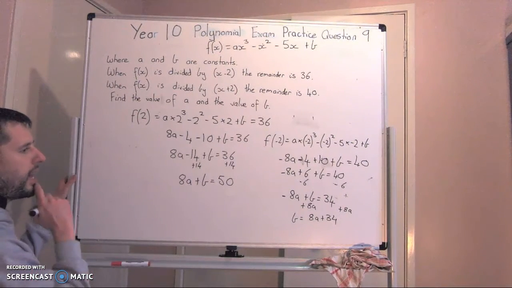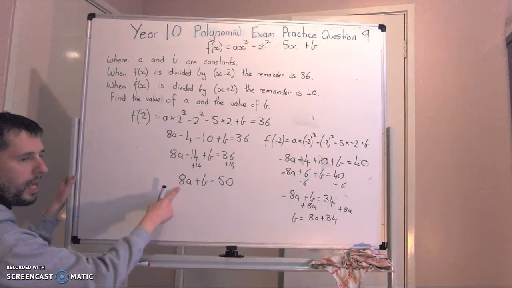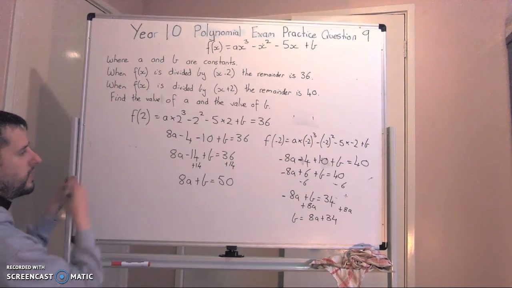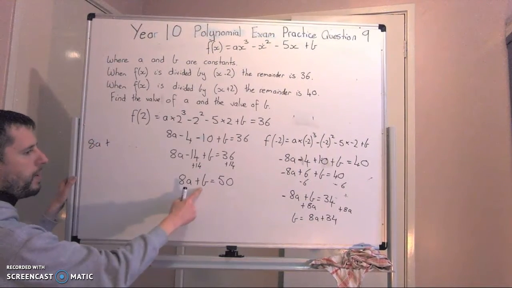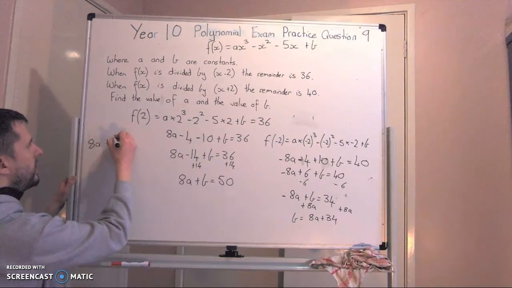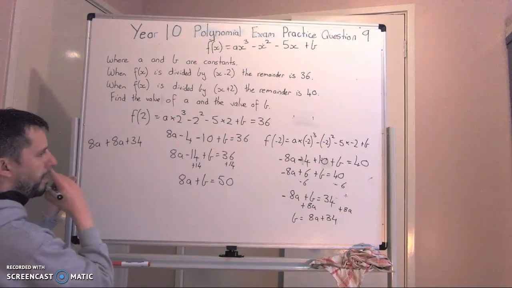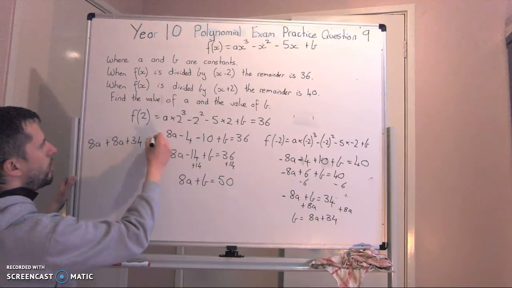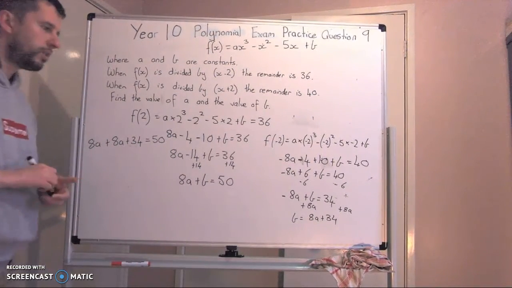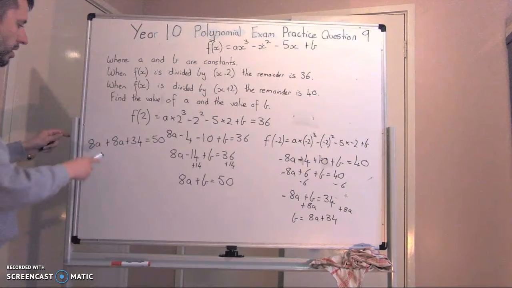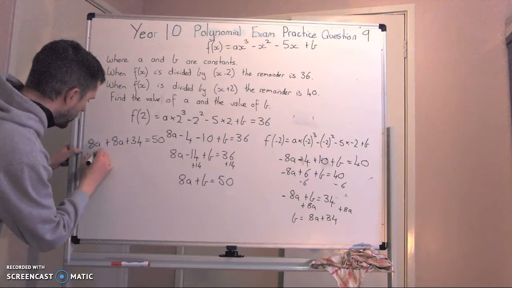So if b is 8a plus 34, I can rewrite this equation and put it in whenever I see b. So I'm left with 8a plus my b, and b is 8a plus 34, and it is equal to 50. Now we just need to simplify. To start off, I've got 8a plus 8a equals 16a.